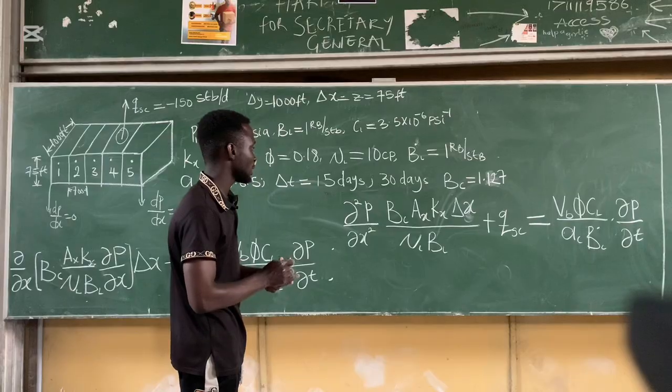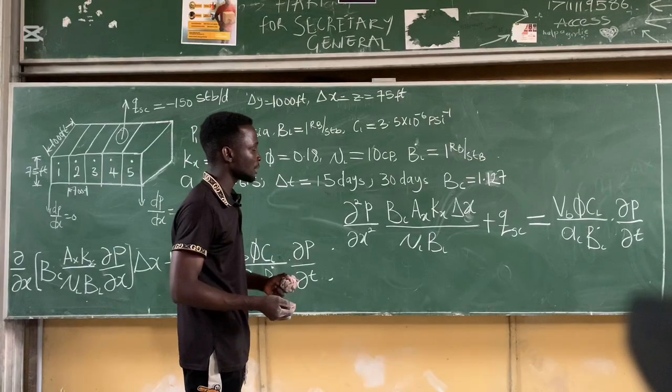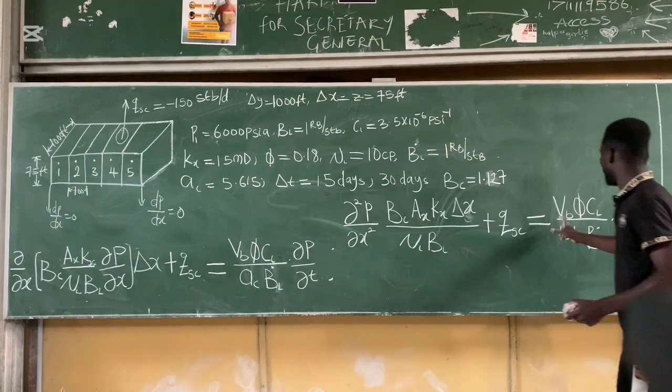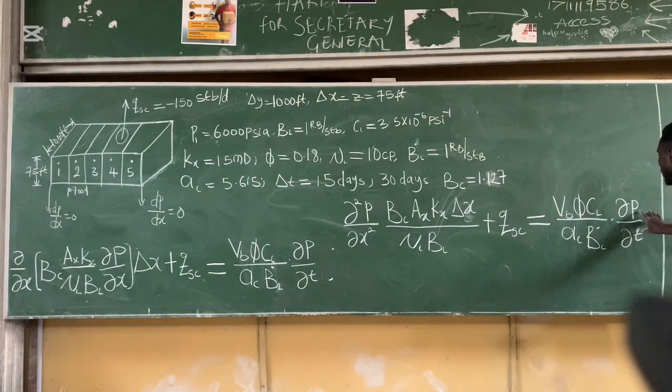Since we already have this, the next step now is to divide through by the coefficient of dP over dt. It's like multiplying by 1 all over the coefficient of dP over dt. You know that the coefficient of dP over dt is this.